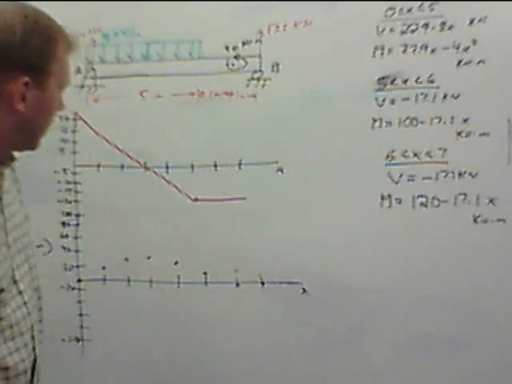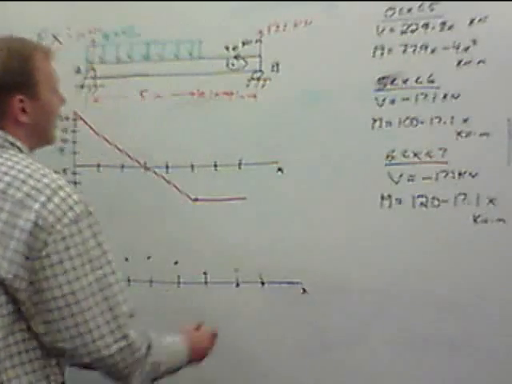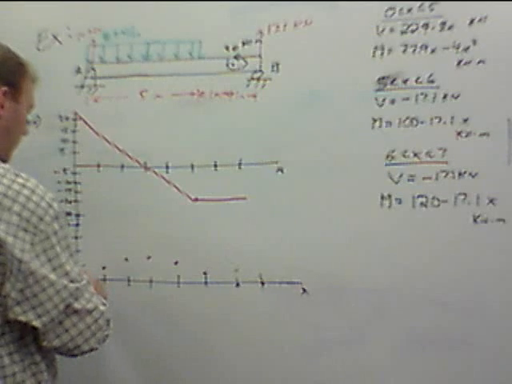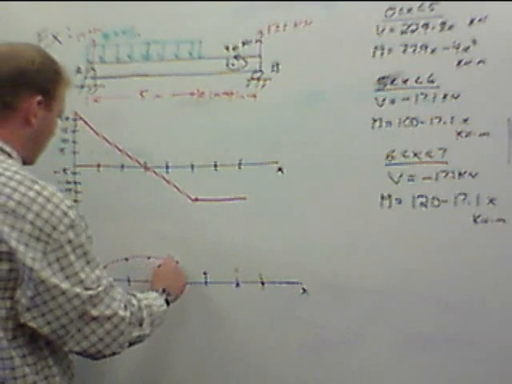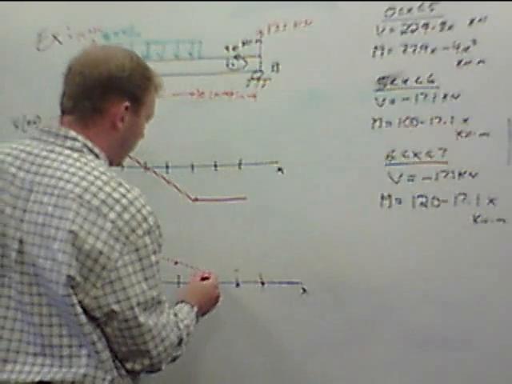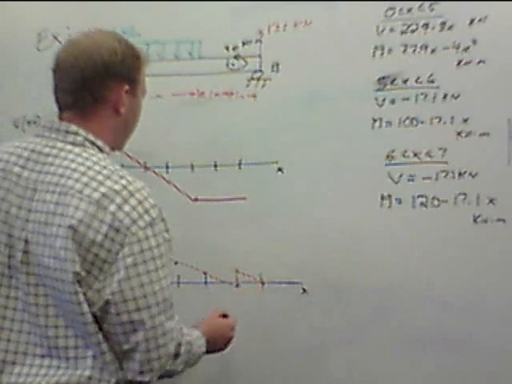Okay? So this thing, and it is important to show me the shape, is parabolic. So from 0 to 5, we have a nice parabolic shape. 6 to 7, it's linear, and it jumps vertically by 20, and then linear back down.